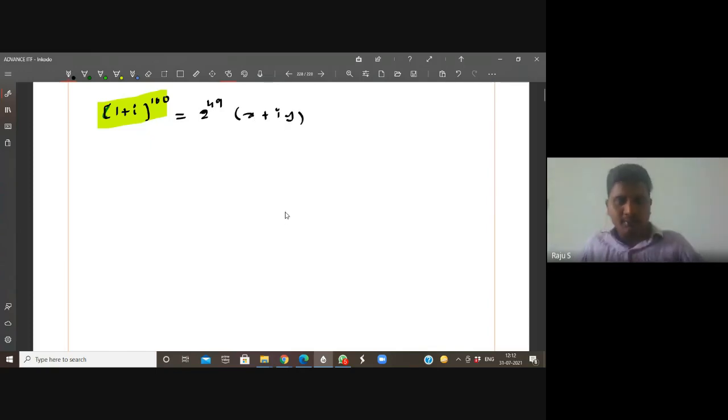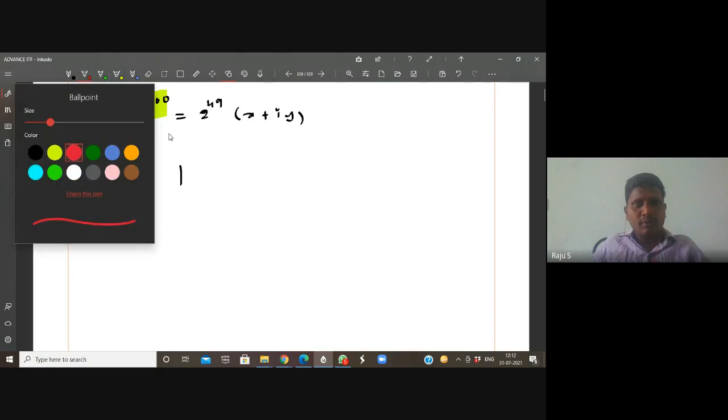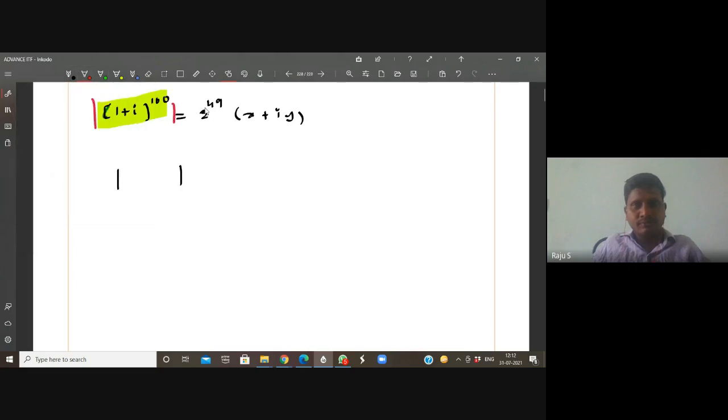See here, I'm taking the modulus on both sides. When I take modulus on both sides, 1 plus iota whole to the power of 100 we can write, because modulus of z power n can be written as modulus z whole to the power of n.